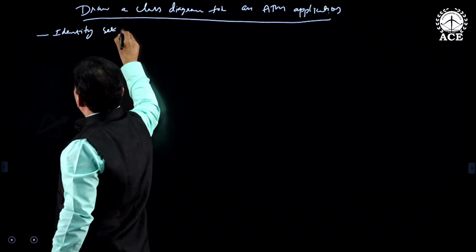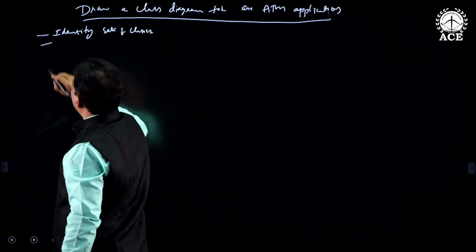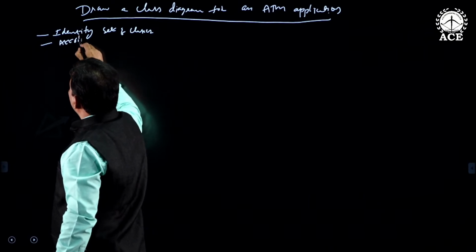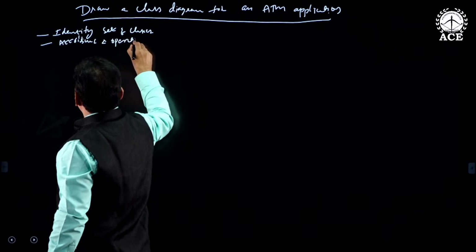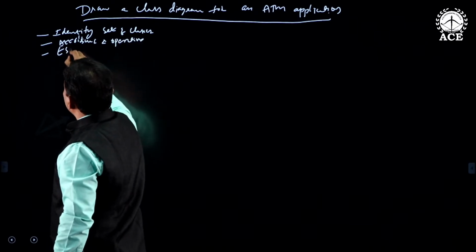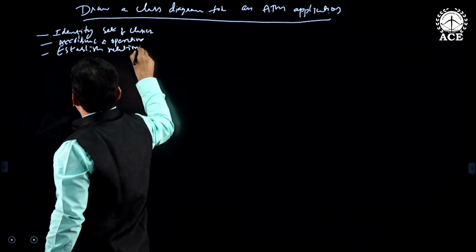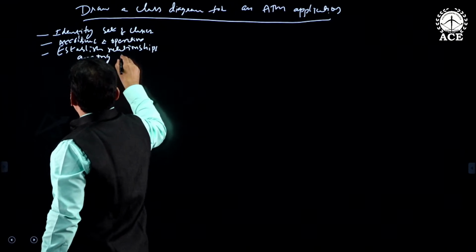After that, what do you have to do? Add attributes and operations for that particular class. Then establish relationships among classes.